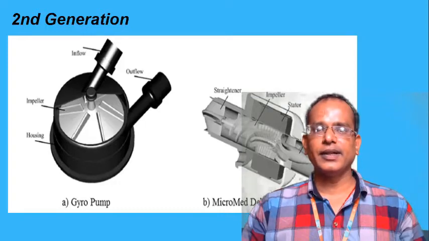The impeller rotates, and the rotating motion produces pressure, so the blood flow rate is increased. The second type is also called the MicroMed DeBakey pump. Here it has a straightener, impeller, stator and a diffuser.